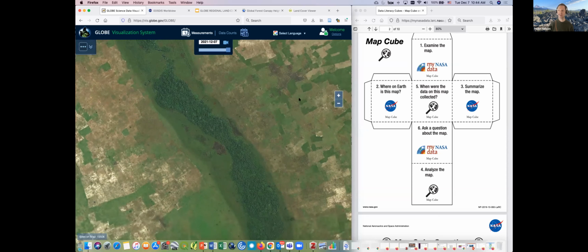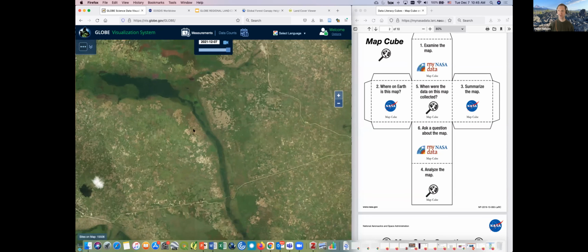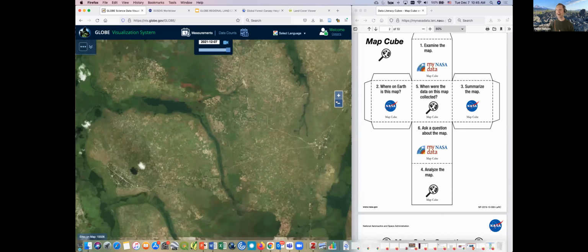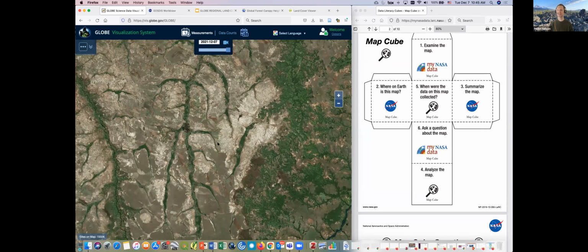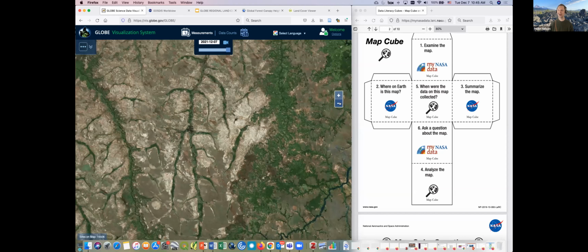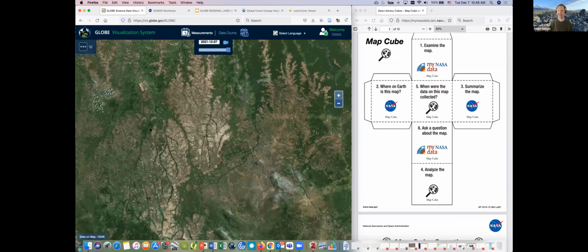Sometimes they become really obvious, like when we're looking at areas like this, right? So again, I don't have as much experience. I've never actually been to Africa, let alone to this particular area. So I am relying on the globe visualization system and that data to help me understand what I'm seeing.